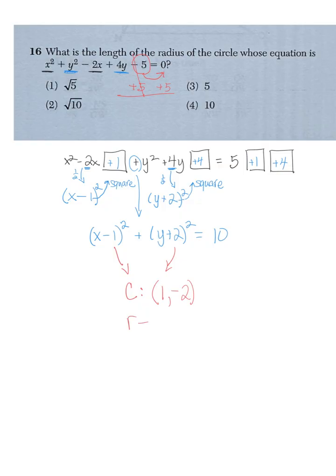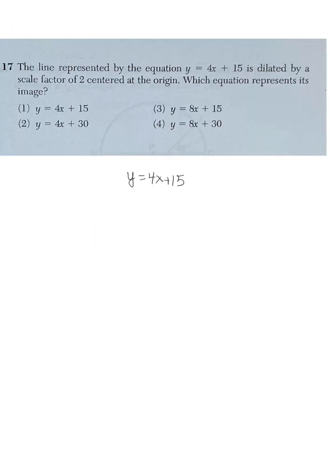If we want the radius, which is what this question is asking for, we take this number right here and we take the square root of that. And that is your answer. Okay, so when you want the center, you take the opposite sign. And if we want the radius, always take the square root of this number that we have here.